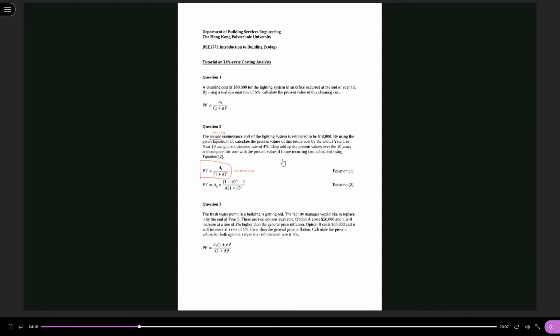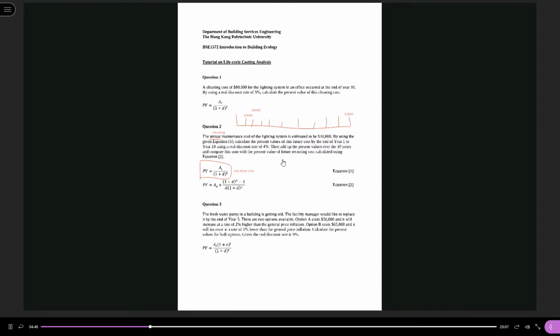Okay, so if you draw the timeline, we have 1, 2, 3, 4, 5, 6, 7, 8, 9, 10. Okay, 10 years. So every year we have to pay $10,000, all the way to the 10th year.